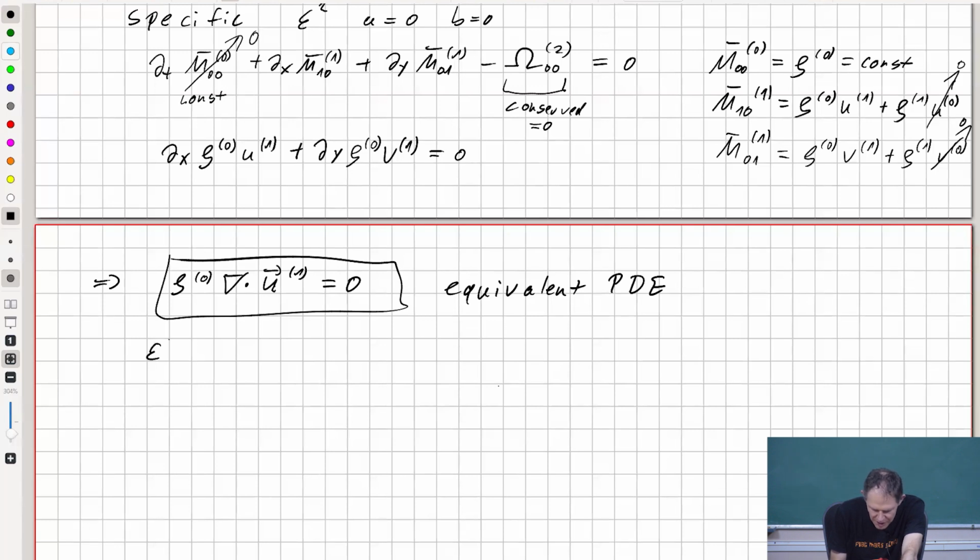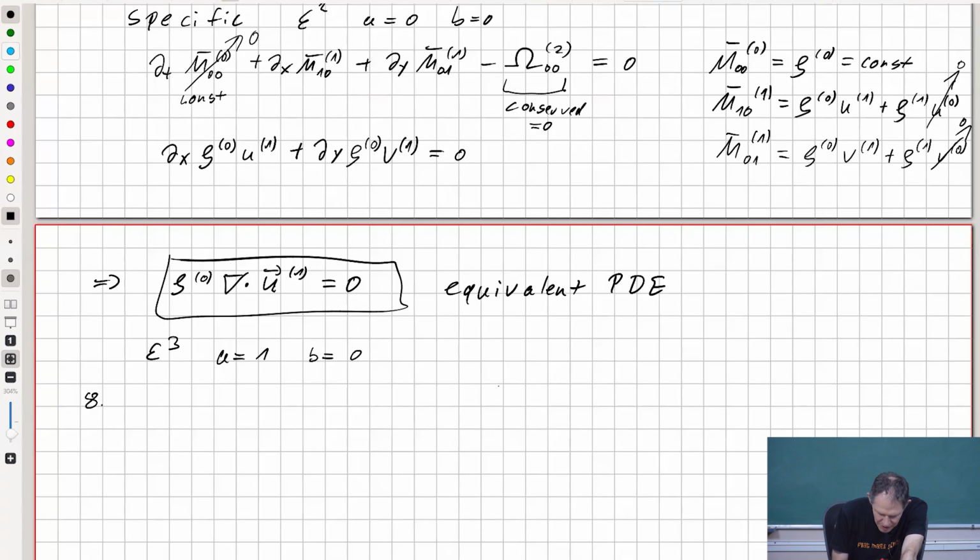Let's see whether we get the momentum equation. We take epsilon to the power of 3, and we take a as 1 and b equal to 0.